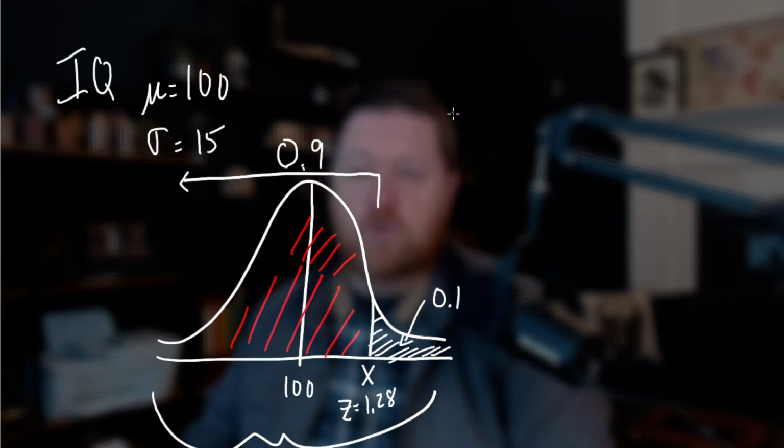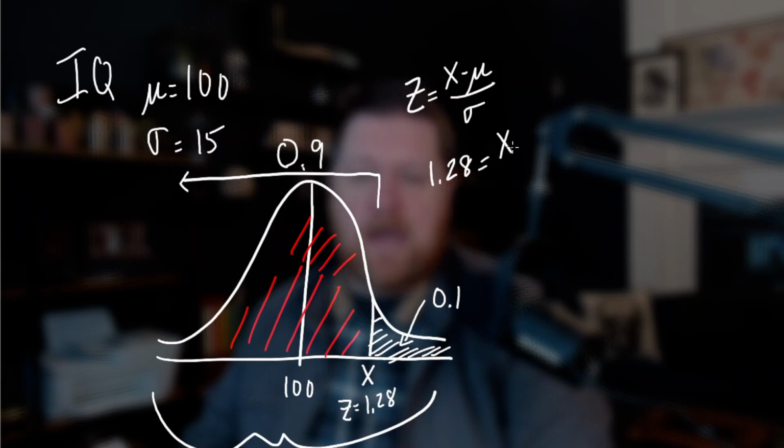So we're going to go use our z-score formula that we've used a ton, okay? We're going to say that z is equal to x minus mu over sigma. And now we're just going to plug in what we know. Well, z is 1.28. That's equal to x, which we don't know. Mu is 100, and sigma is 10. Now we can solve this, right?